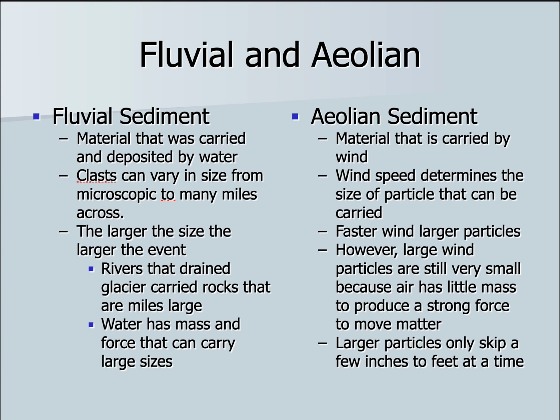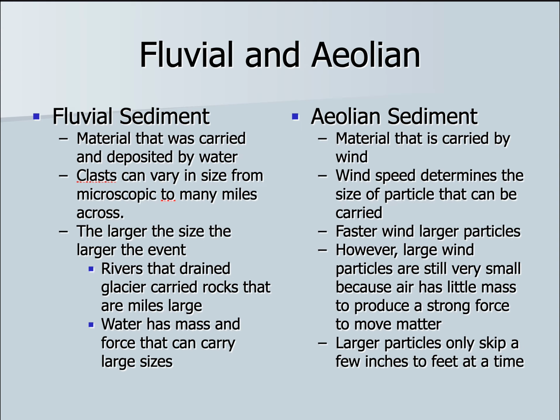The class size here can vary a great deal, from microscopic to many miles across. That sounds crazy, but fluvial can also include glacial, and glaciers can move big structures called megablocks. So the larger the rock size, the larger the class, the bigger the event that can take place.